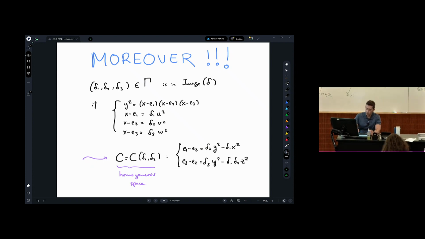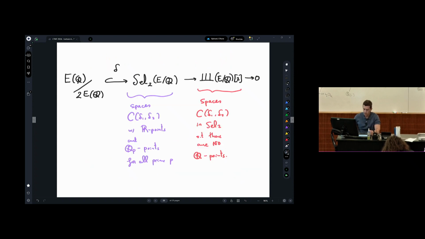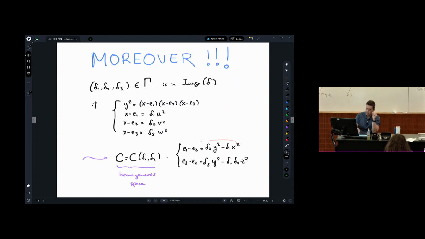So basically, to try to find rational points, I have to figure out if these spaces have points. And what we do is use p-adic methods on those spaces because it's a pair of two quadratic equations. Together, it is not quadratic. But if I look at one equation at a time, I have Hasse-Minkowski for each one of the equations.